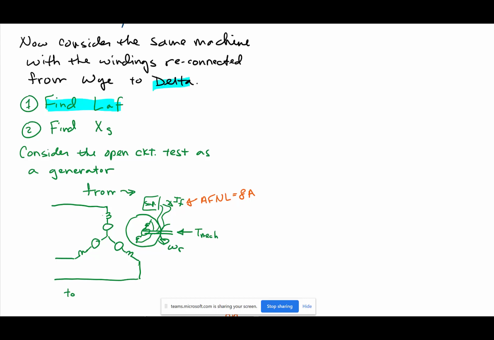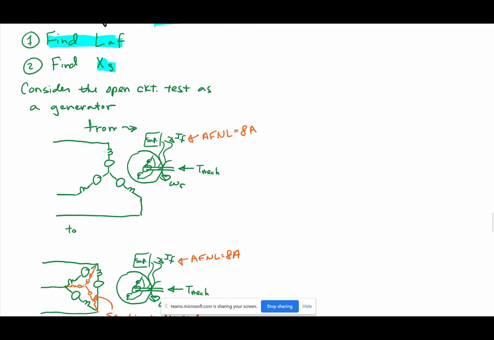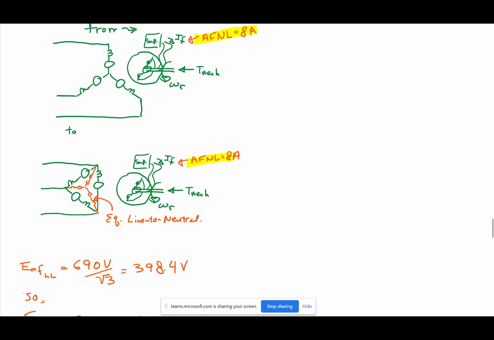There was a homework problem like this. What does it do to L_AF? I'm going to say, what does it do to X_S, the synchronous reactance, just to tie everything back. So you're running this open circuit test at the no-load current, 8 amps, same current condition, but the machine is rewired.